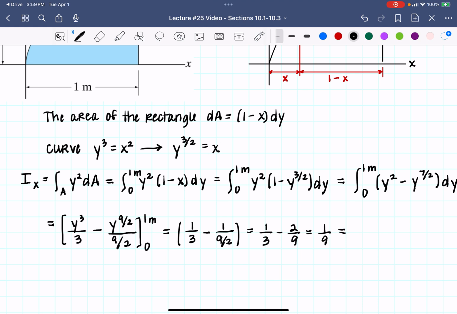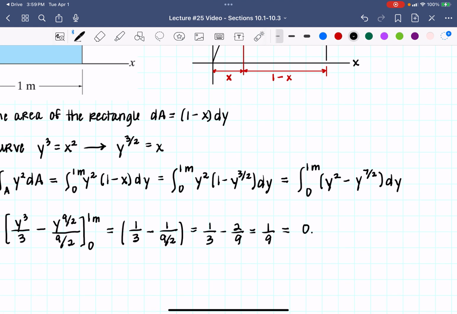If I do that on the calculator, it's 0.111 meters to the 4th. That is I of x.